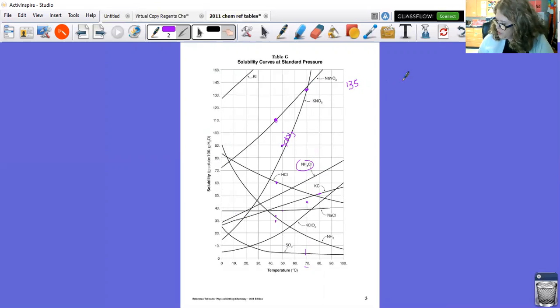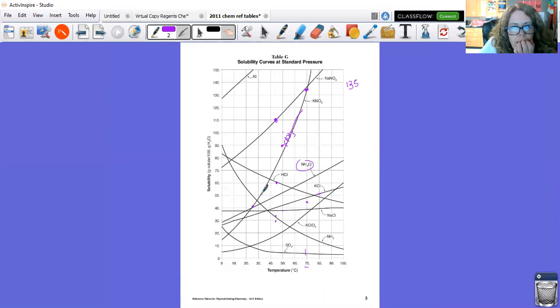And we're going to cool this solution down from 70 degrees to 25 degrees. We're looking at potassium nitrate. We're cooling down, down, down, all the way down to 25, which is right about here.